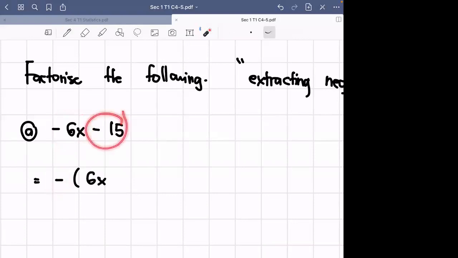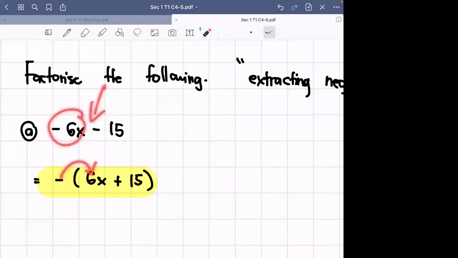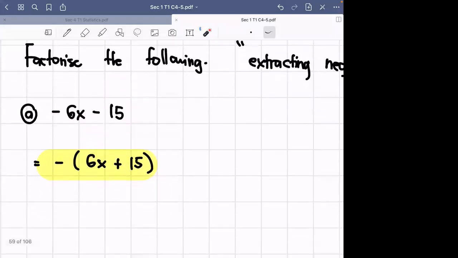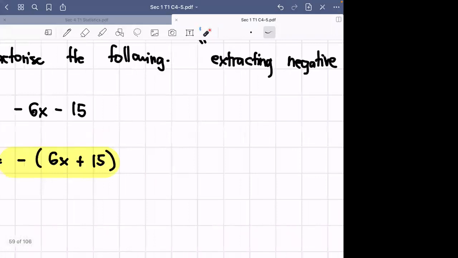Negative 15 divided by negative is positive 15. That's your answer. Because when you expand this, you get negative times 6x, which is negative 6x, and negative times positive 15, which is negative 15. That's it. Do you have any question? All right, now let's go to letter B.